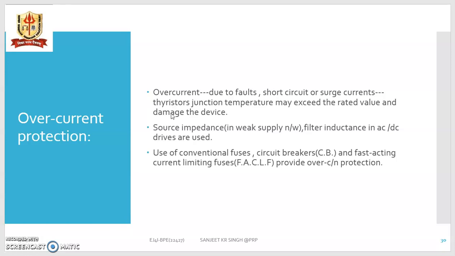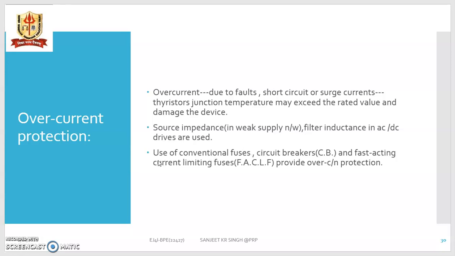So overcurrent protection: how to provide the overcurrent protection? Overcurrent arises due to faults, short circuits or surge currents. The thyristor's junction temperature might exceed the rated value and damage the device. Source impedance, particularly in a weak supply network, will be sufficient to limit the overcurrent, and filter inductances are used in AC and DC motor drives, and motor impedance also plays a role in protecting from overcurrent.